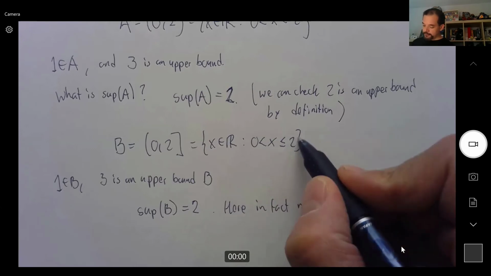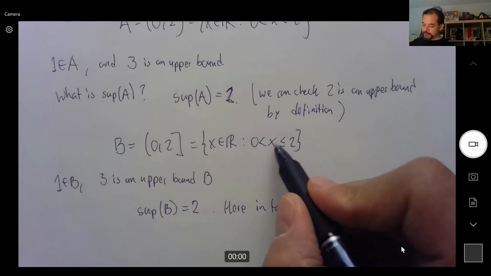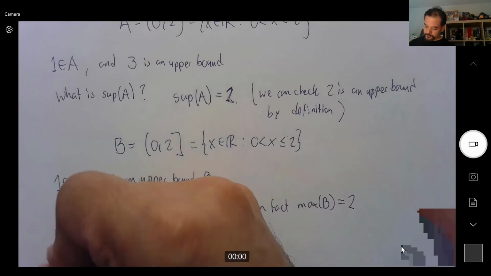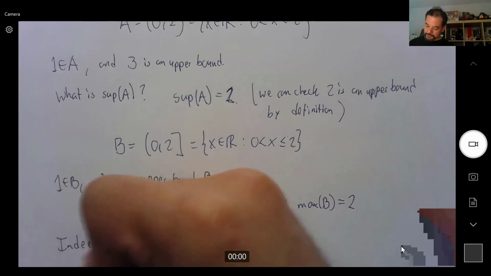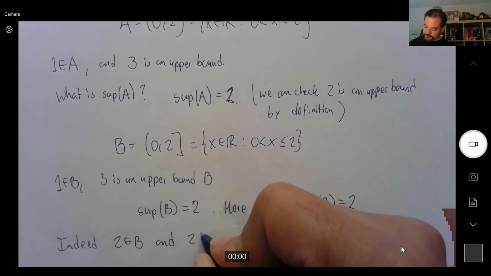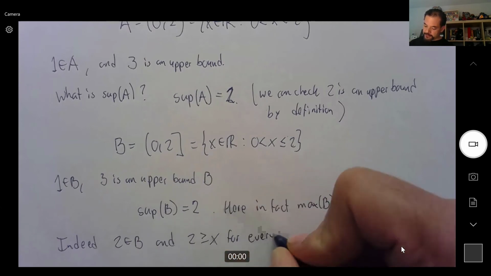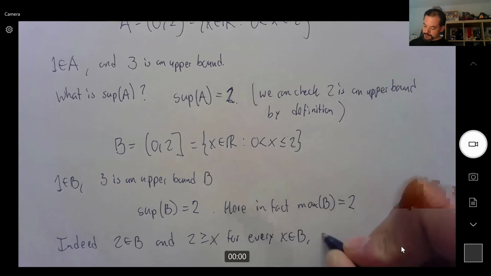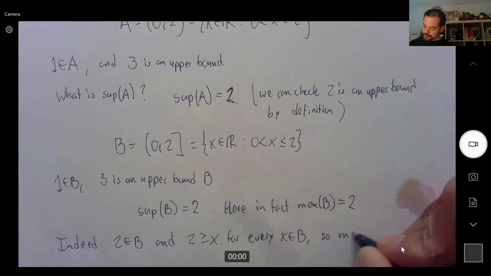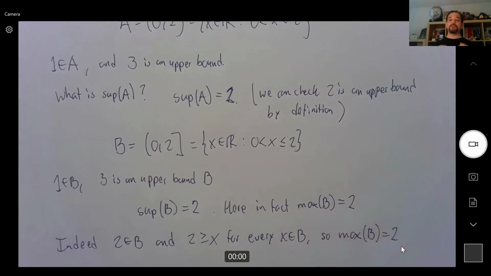You bet, because it's right here. 2 is greater than or equal to x for any x in B. Indeed, 2 belongs to B, and 2 is greater than or equal to x for every x in B. So the maximum of B is 2. And we already said that if something is the maximum, then it is automatically the supremum.